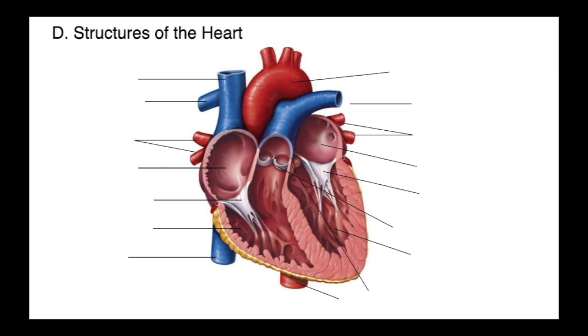All right, now I want you to know the structures in the heart. So those two, first of all, are vena cavae. These are veins. Veins go towards the heart. Arteries go away from the heart. These are giant veins. They're big caves, vein caves.